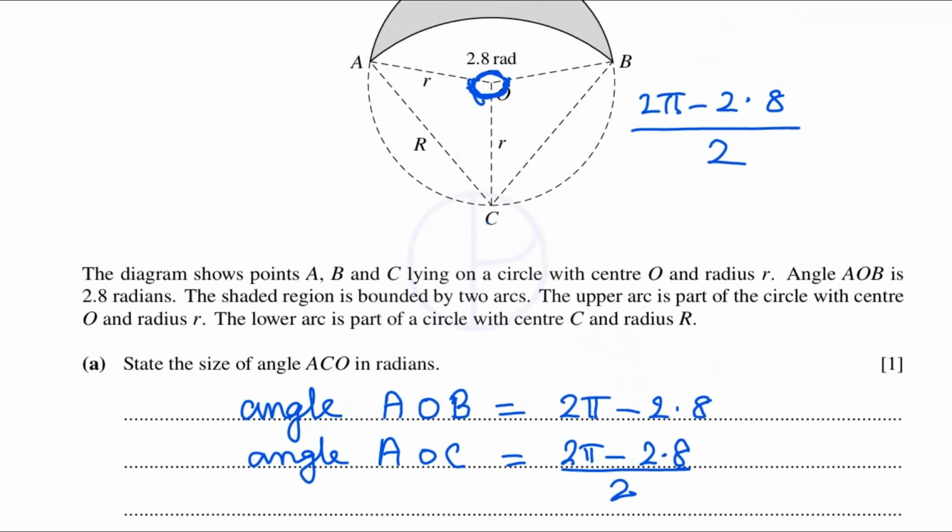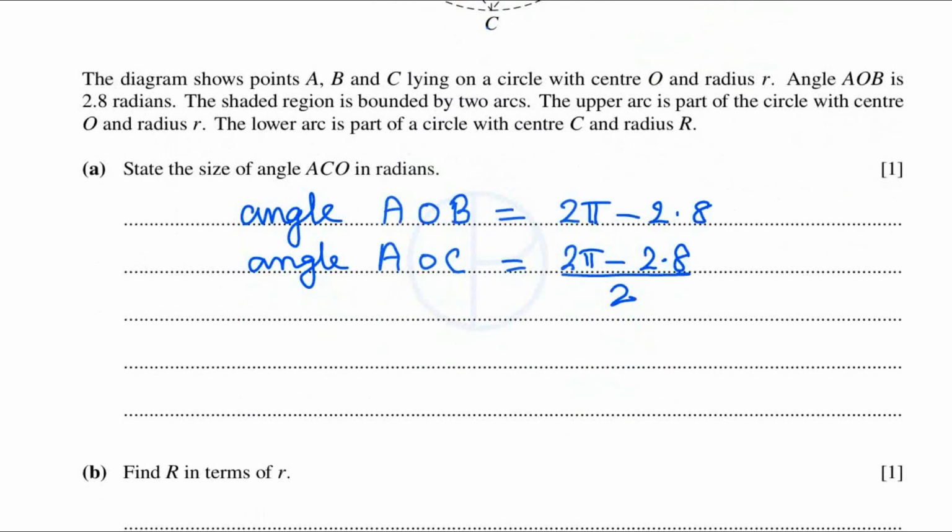Let me take this angle as x, then this is also x, because triangle AOC is an isosceles triangle with OA and OC equal. So these two opposite angles will be equal. So 2x plus (2 pi minus 2.8) divided by 2 will be equal to pi, angle sum in a triangle.